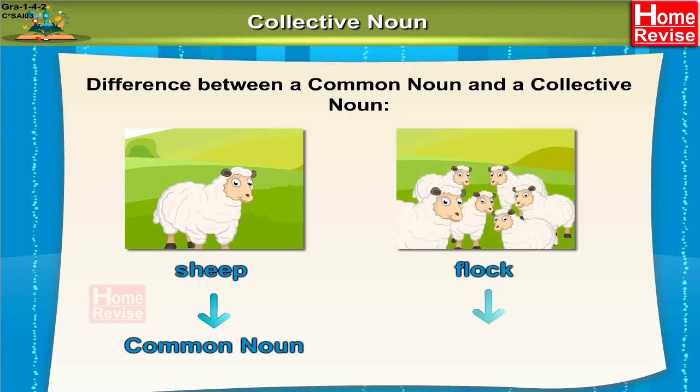But flock is a collective noun because it stands for a group of sheep. So, now you must have understood that sheep is a common noun here and flock is a collective noun, as its state is the collection of the sheep.